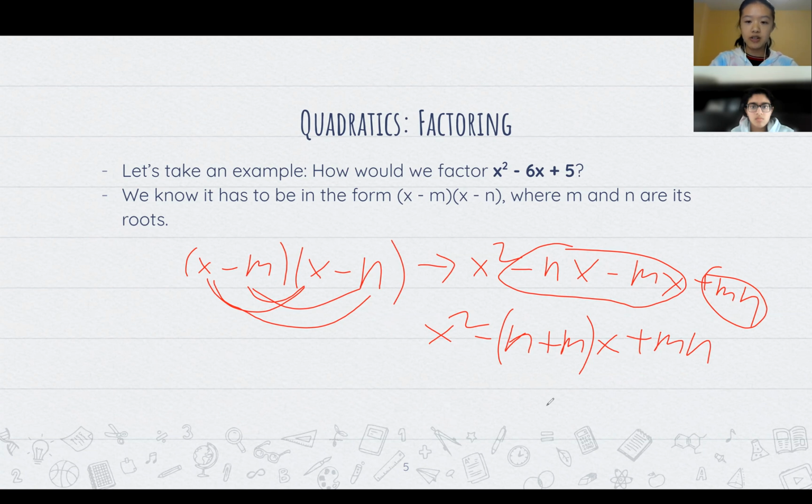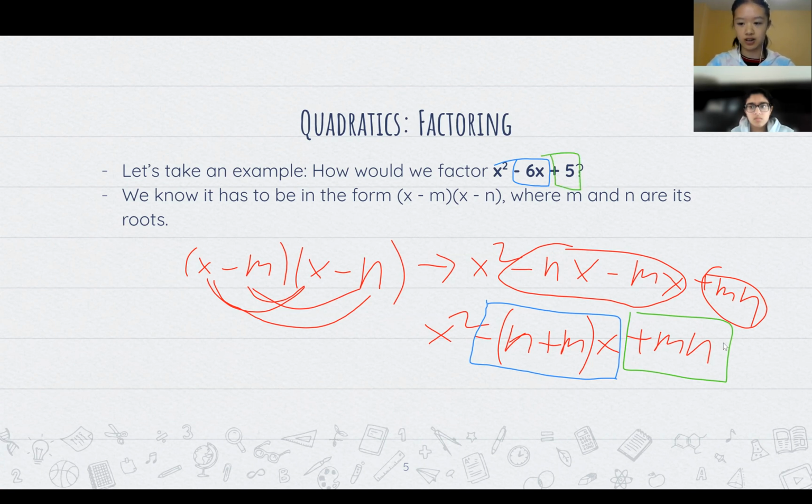So now, using a different color, this term here has to correspond with this term, because both are times x. And this term here has to correspond with this term because it's just a constant. There are no x's. Why is this important?